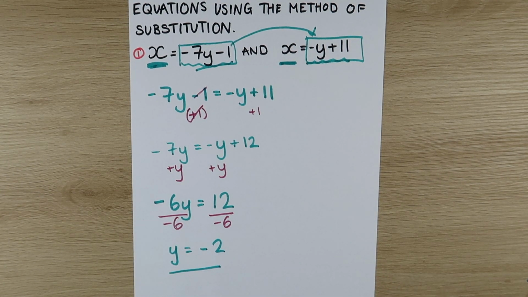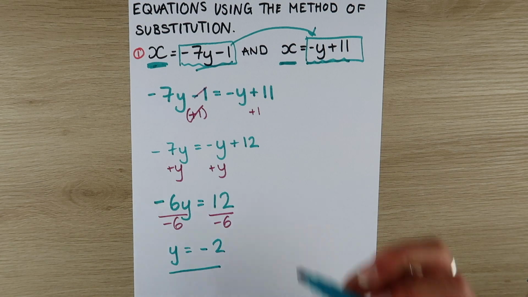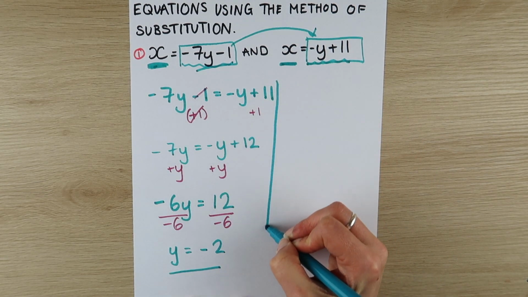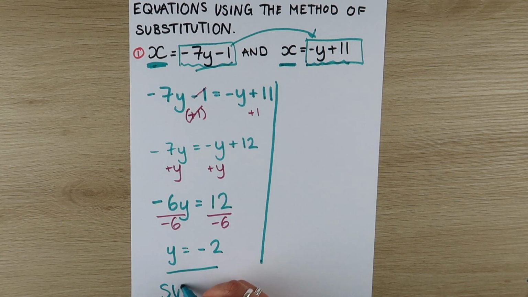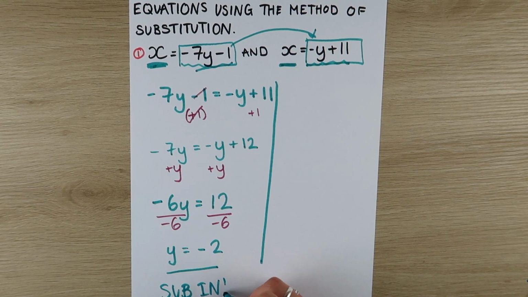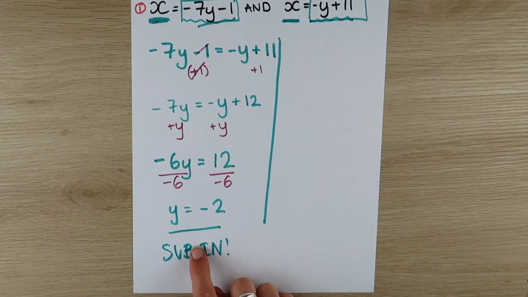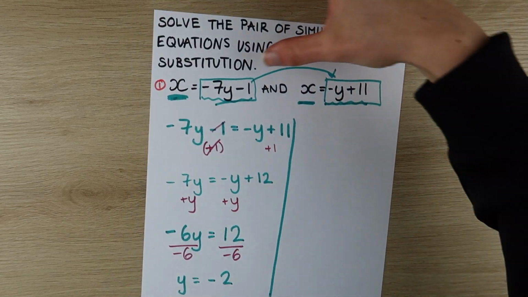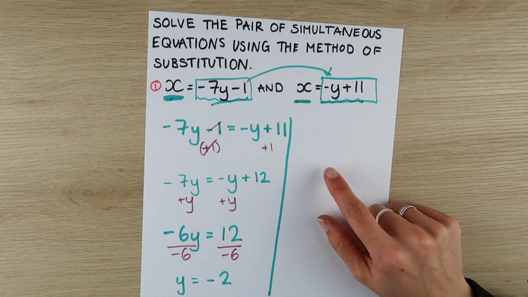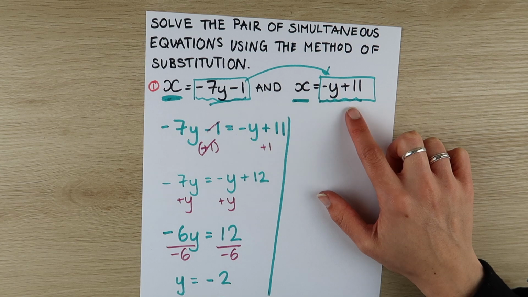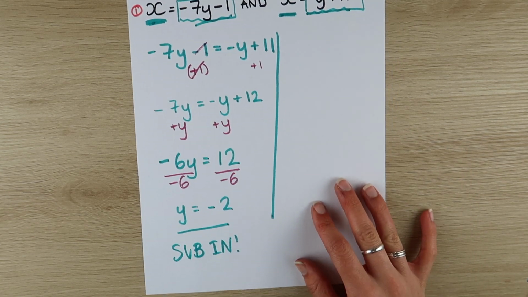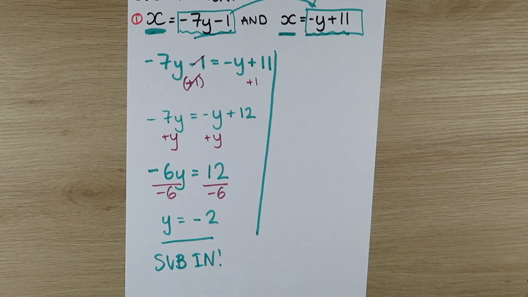Now I'm not finished there, because remember, when we're solving the equations, we need to find an x and a y value. So let's use this other side. I now need to sub my known value for y back into one of my equations up here. It doesn't matter which one. I'm going to stick with this one because to me it looks a little bit easier and will be a slightly quicker way to do it.